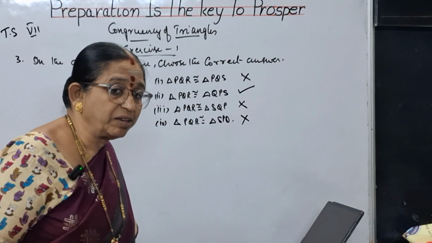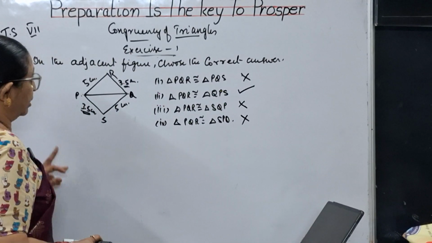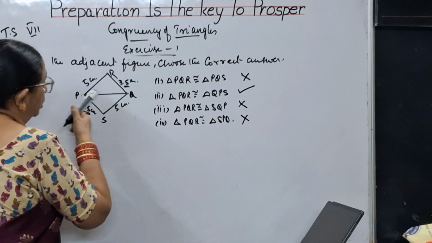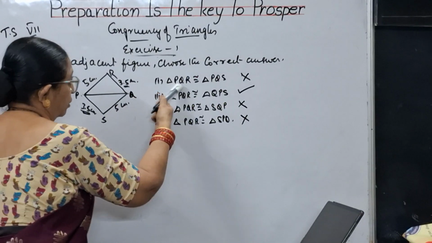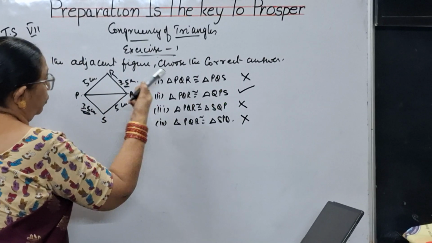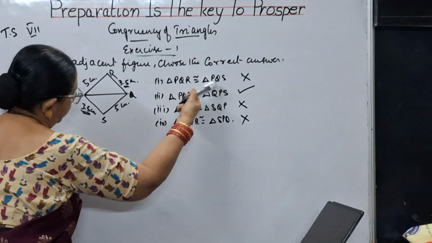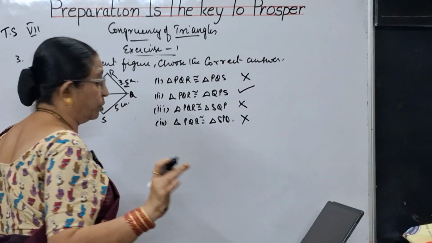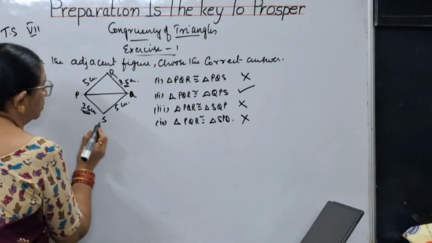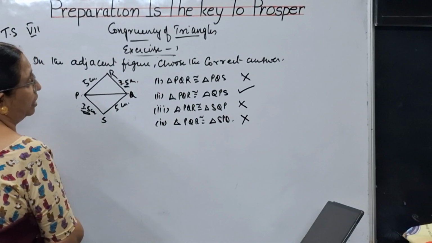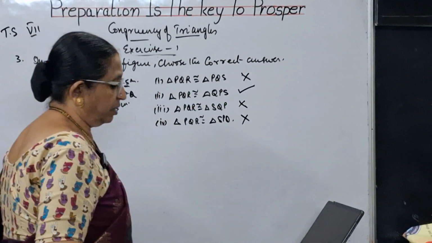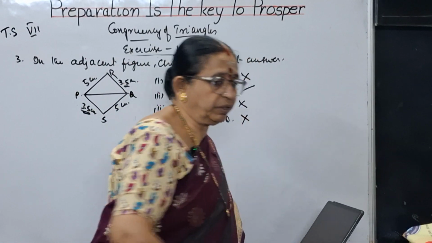But when you see the second one, PQR 3.5, it is going from P to QP. So when he has talked about PQ, what is the measure of PQ? QP also will have the same measure, so it is acceptable. From P to S also the measure is 3.5 only. So it is only considered as the correct answer, children. Please note it down.